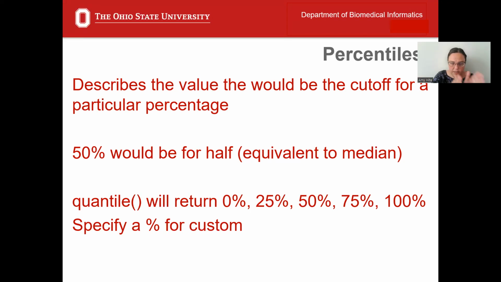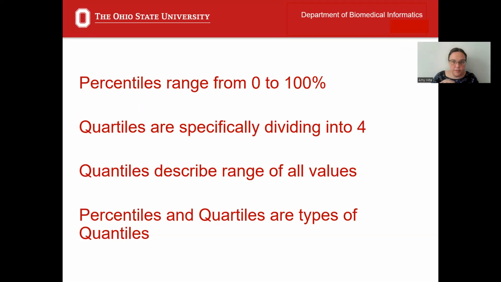So it's 0, 25, 50, 75, and 100. Those are specifically the quantiles, or you can just specify a percentage. Percentiles are anything from 0 to 100. Quartiles specifically divide into 4.